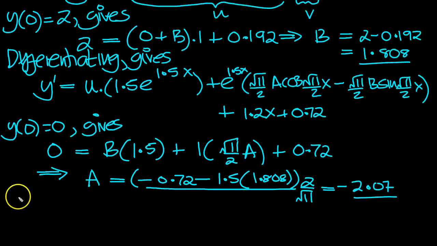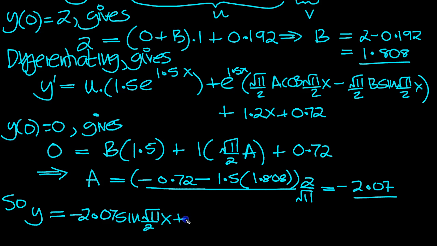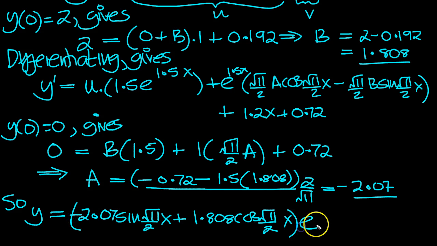So finally then, we can now write down our answer for our particular solution for this second order differential equation. y equals, it was a, which is minus 2.07, sine root 11 over 2x plus b, 1.808, cosine root 11 over 2x, all times by e to the 1.5x, wasn't it?